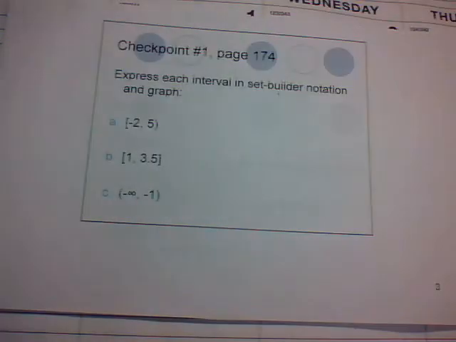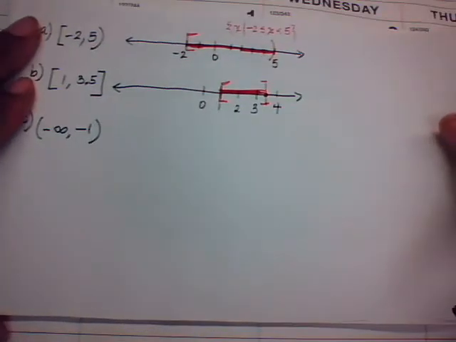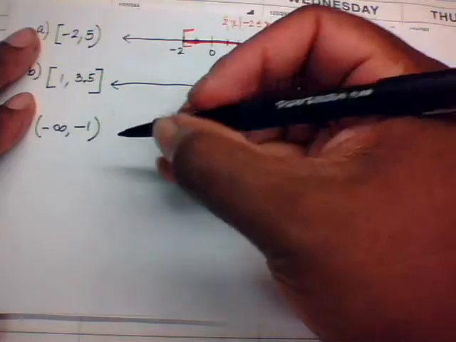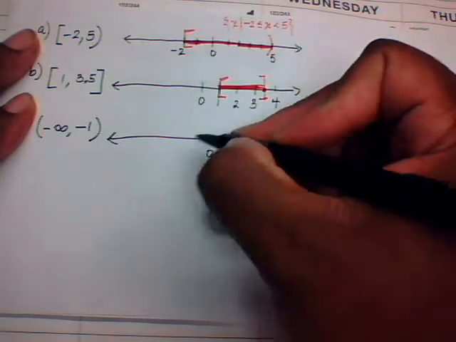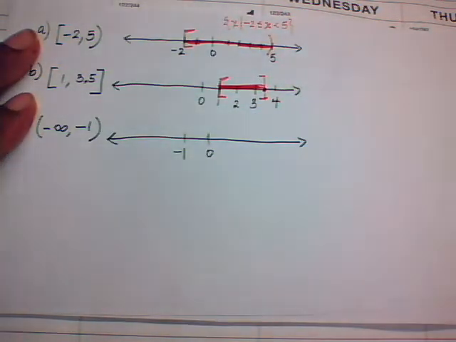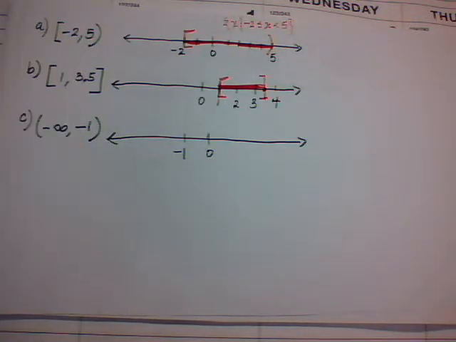Okay, now part C, we have negative infinity to -1, and we want to graph this interval. Now, this is an infinity. It goes to the left indefinitely.